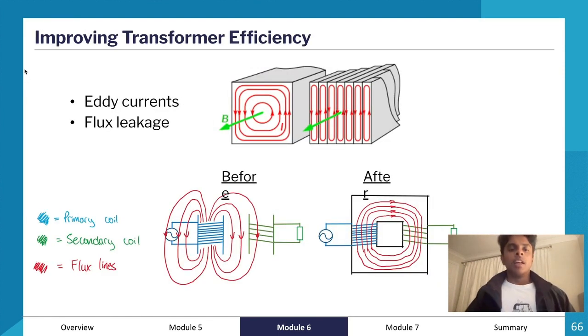There are a couple of things that affect the efficiency of a transformer. First of all, we have eddy currents. As I mentioned before, eddy currents cause energy loss due to heat. And so these transformers could have very low efficiency due to energy loss due to heat.